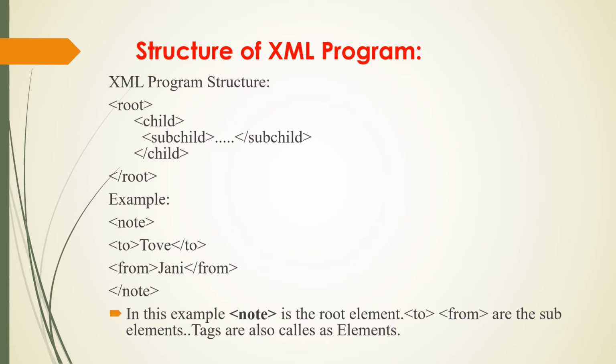The note tag contains two subchild tags, to and from. To contains the text Tove and from contains the text Johnny. In this example, note is the root tag. To, from are the subtags. Tags are also known as elements.